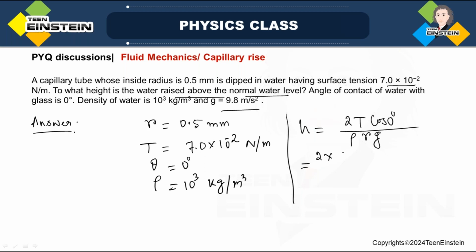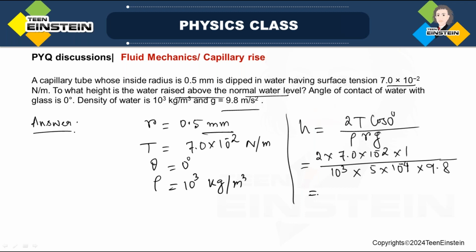T is surface tension, that is 7.0 into 10 to the power minus 2, and cos of 0 degree, that means 1, divided by rho, that is 10 to the power 3 kg per meter cube, r, this is in millimeter here, so it is actually 0.5 into 10 to the power minus 3 meter, and 9.8 for g. Rho, r and g, okay.